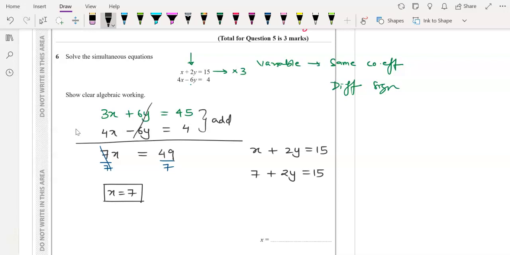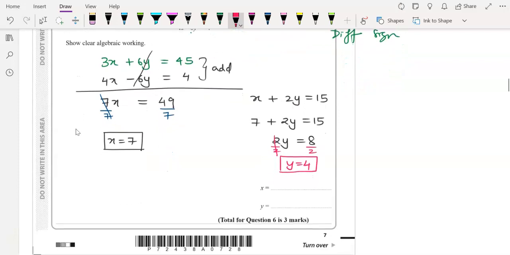Subtract 7 on both sides, you will get 2y equal to 8. Divide both sides by 2 and you get y equal to 4. So value of x is 7 and value of y is 4. Okay. Question 7.